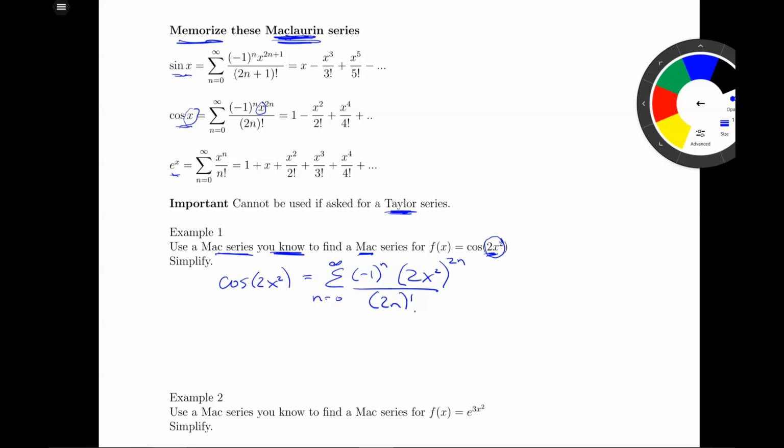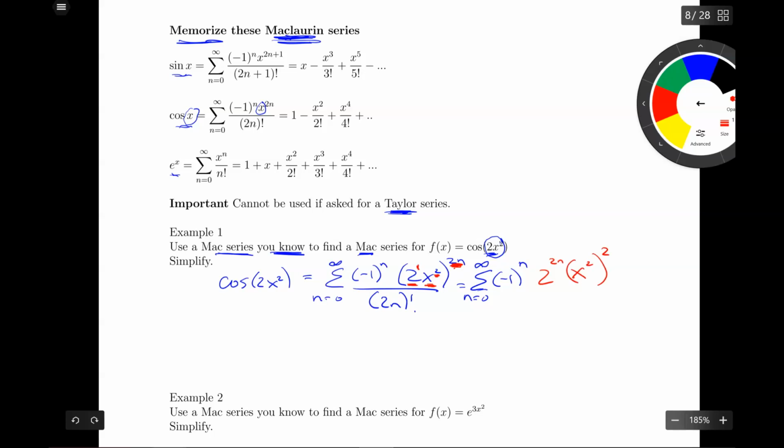Because of where we're going, I want you to simplify this. I'm not a big simplifying fan, but there's a reason. Take this exponent and separate it and use it on both of these terms. So 2n distributes to this 1 and 2n distributes to this 2. I'd have 2 to the 2n power, and then x squared to the 2n power.